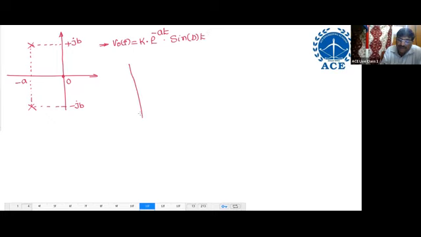How to draw the response? Listen all of you. First always draw for the real part. The real part is exponential decay, and the imaginary part is oscillations.